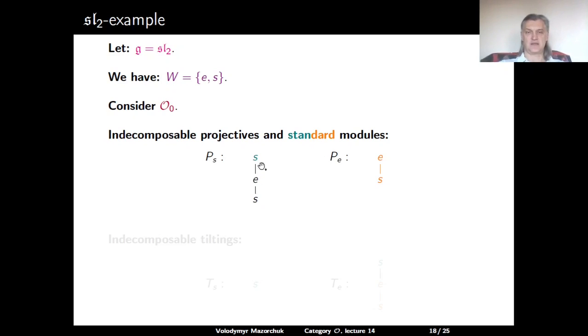We see that the standard module for this projective is just a simple module, and that this projective has a standard filtration. Now the indecomposable tilting module will be the simple Verma module. This is a tilting module more or less by definition. And the projective module P_s will be a tilting module with highest weight e. This is the module θ_s applied to Δ(s).